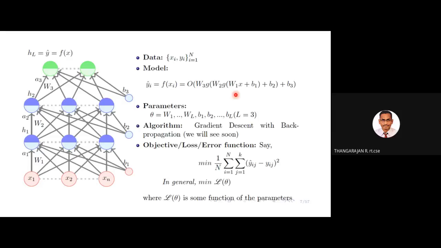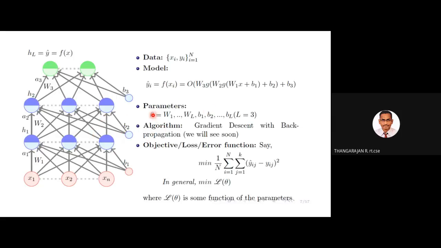At this point you will have W1 X1 plus B1, which is given to the activation function at the second layer, and that is again given to the activation function in the third layer. So it is a nested function. Now, what are the parameters here?